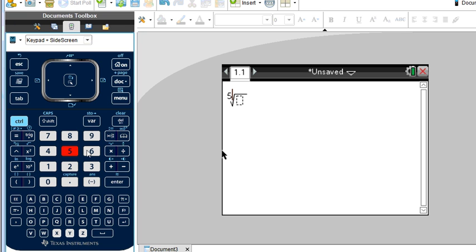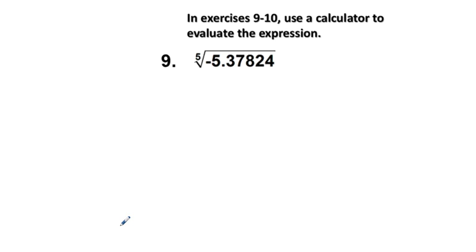We're looking at a 5th root of negative 5.37824. And we press enter, we get negative 1.4. So we go back here, put it here, negative 1.4.